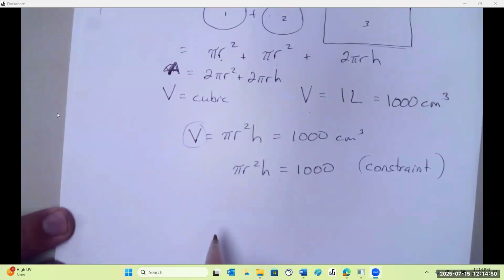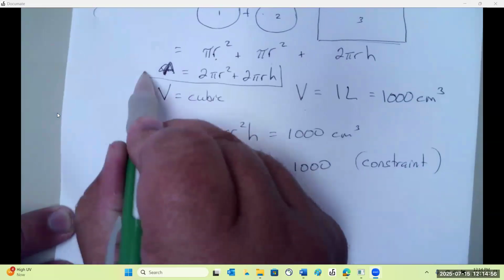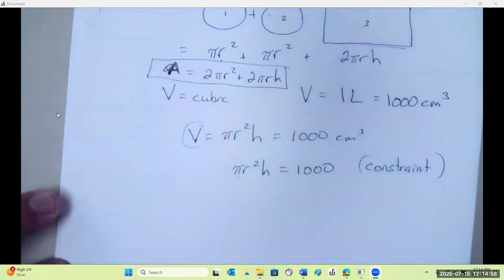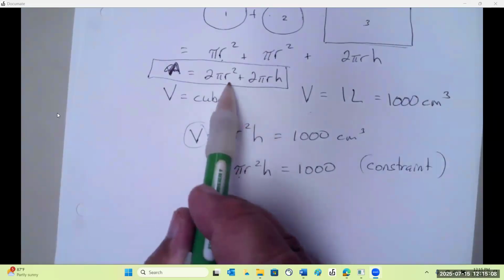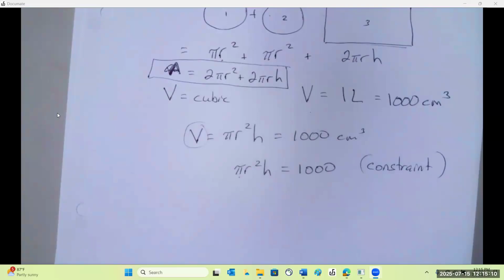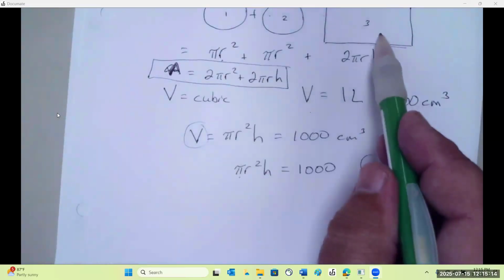Now, we also know that this here, so what is the only thing we don't know here, because our functions are with respect to which variable? The radius. The radius converts everything. It'll change the area of each of these lids. It'll change the volume here.